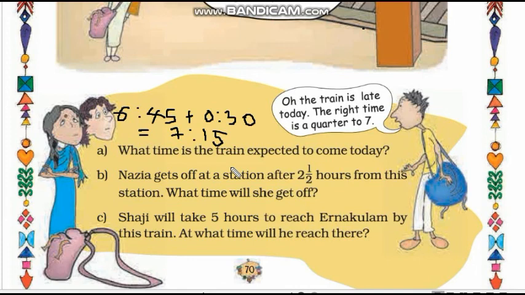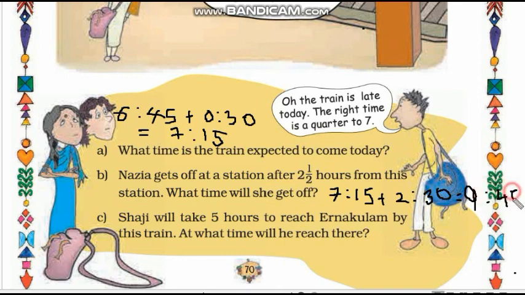That means we have to add this 2.5 hours to 7:15. So 7:15 plus 2:30 is equal to 7 plus 2 is 9, and 15 plus 30 is 45.